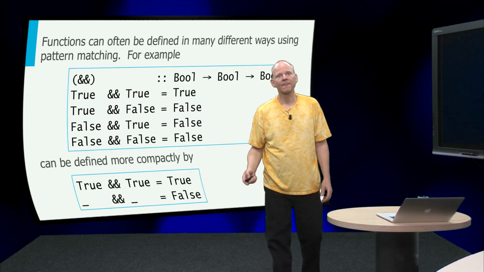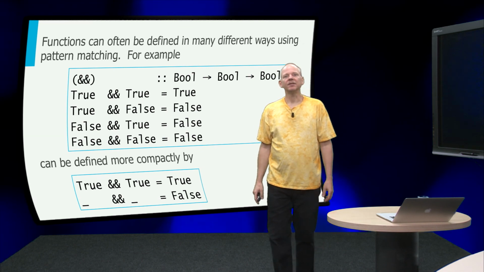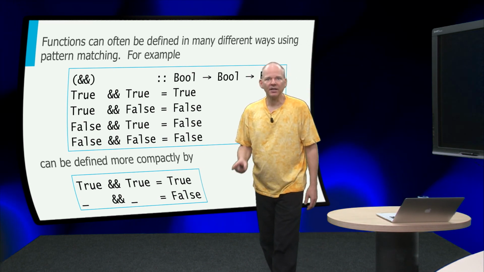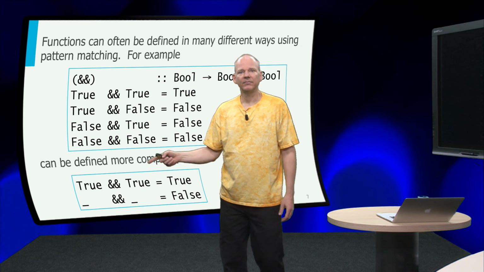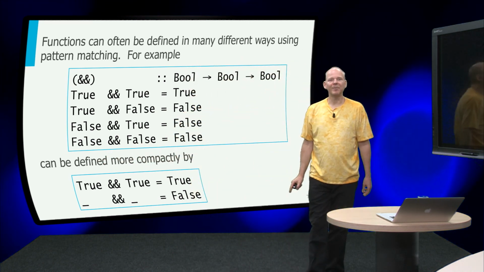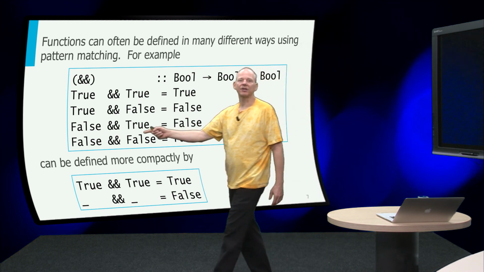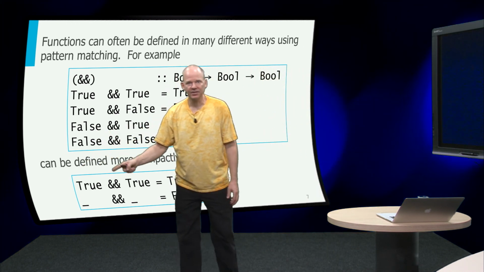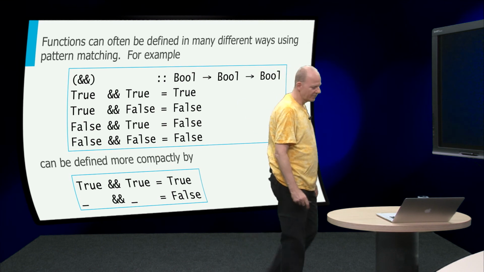Now, if you look at this definition, it will evaluate both arguments in order to do this match, because we are putting a pattern on both sides of the AND.